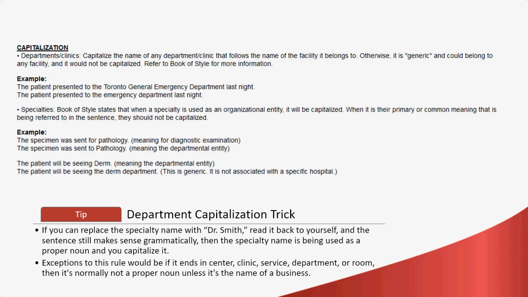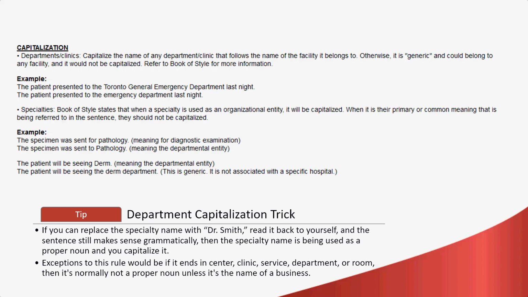That doesn't really work, so they don't cap urology. But what you should do in that case is take out the doctor's name that they dictated and then test it. So if you said the patient will be seen by doctor name, comma, urology, take out doctor name. The patient will be seen by urology. The patient will be seen by Dr. Smith. It does work, so you would cap urology. So don't let that extra name in there confuse you.